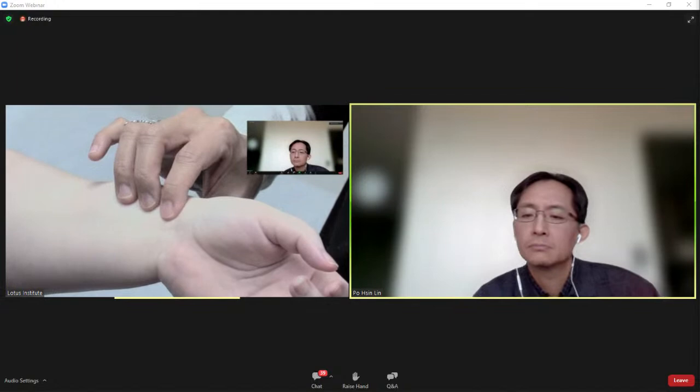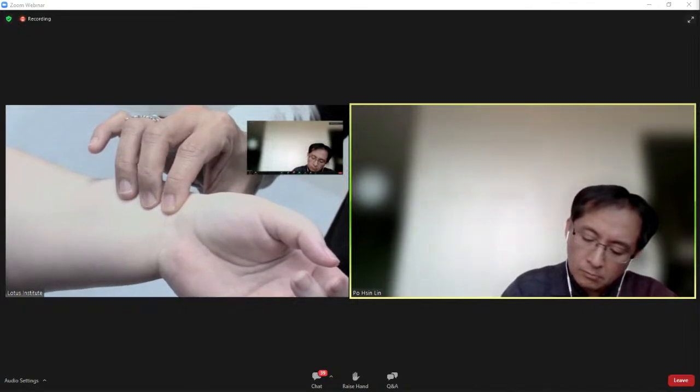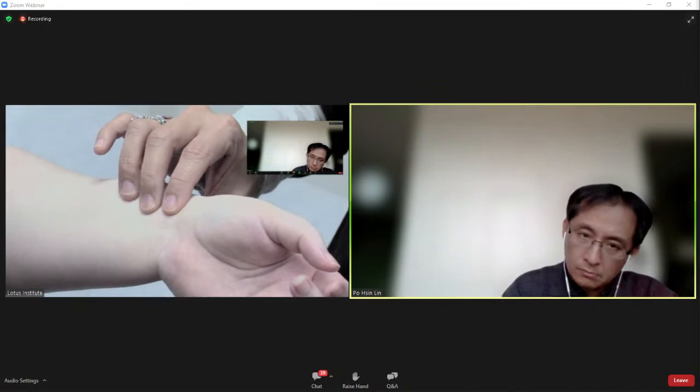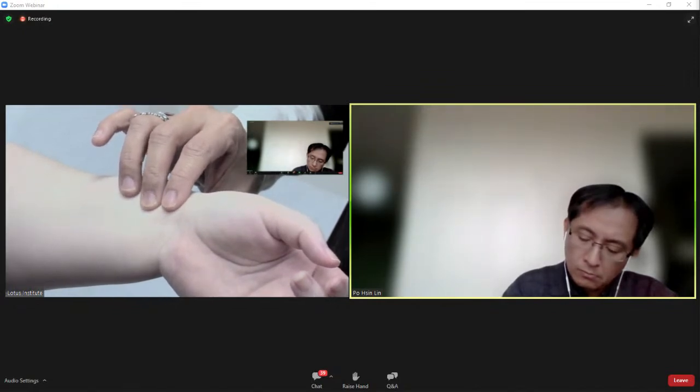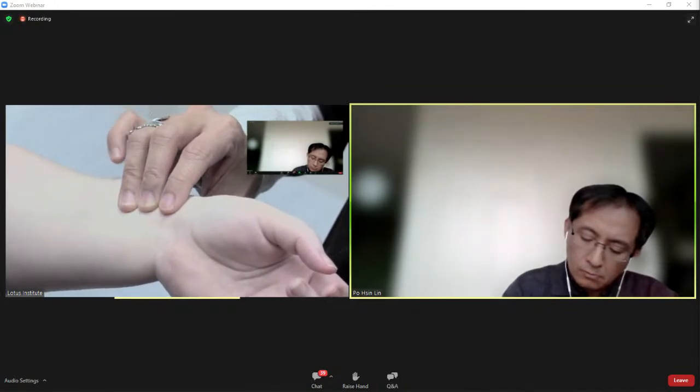Chun is on the mid level and slippery. Force is about normal. Guan I can feel on the superficial level and it's forceful, slippery.